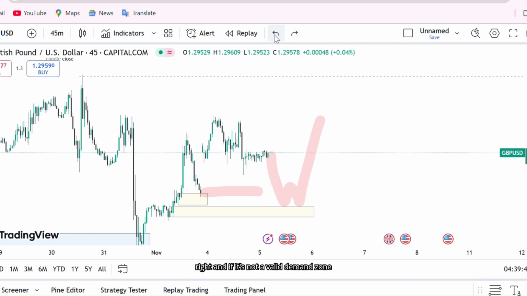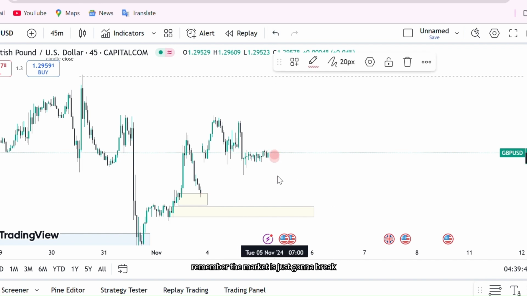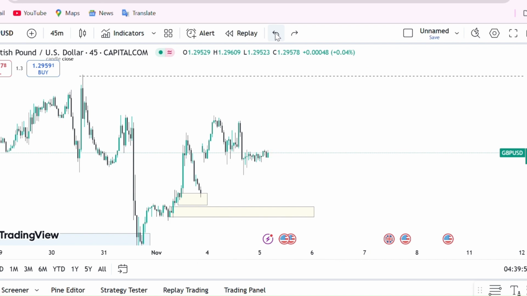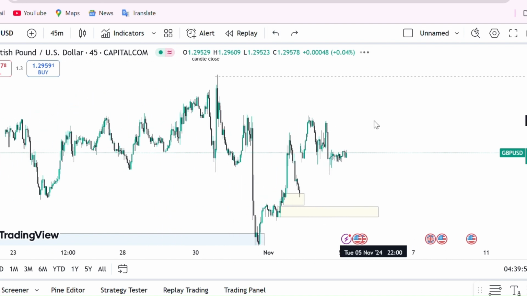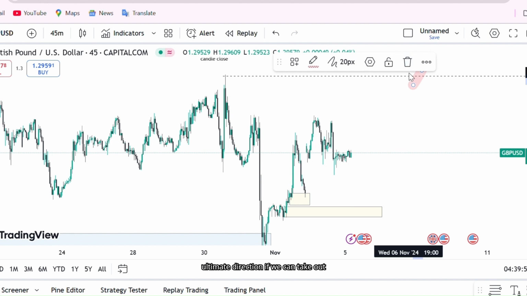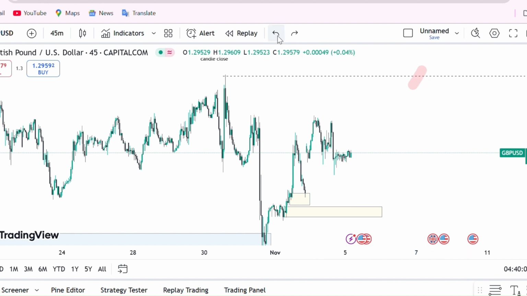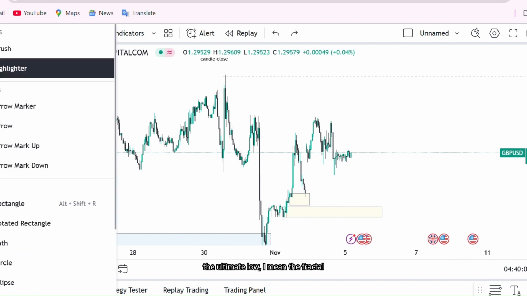right? And if it's not a valid demand zone, remember the market is just going to break it and continue going to the downside, right? But remember, we're going to see the ultimate direction if we can take out this ultimate high and the ultimate low, I mean the fractal low, right?